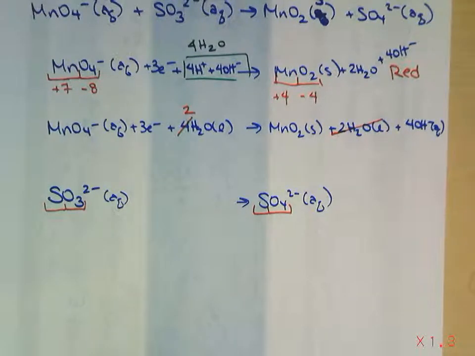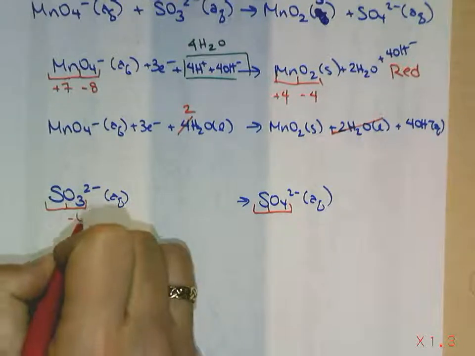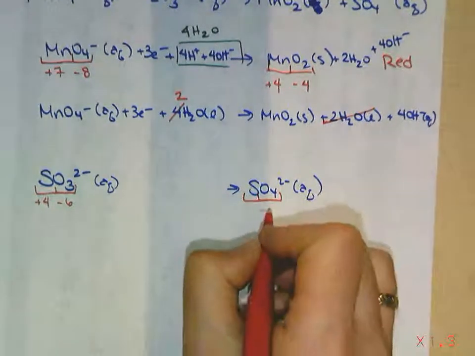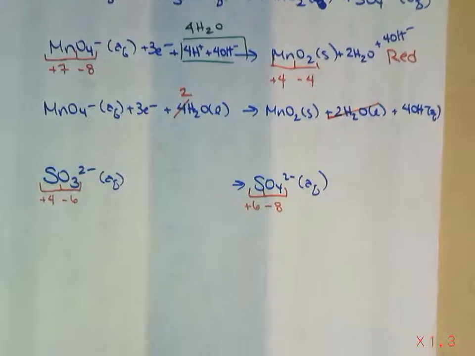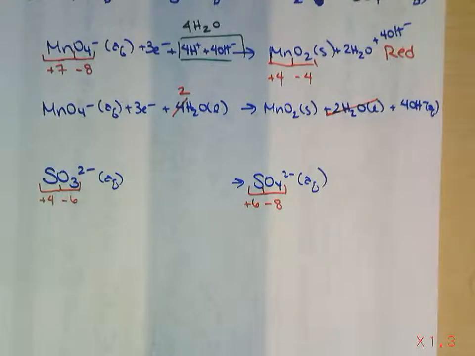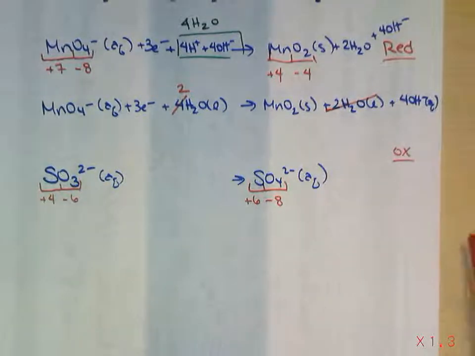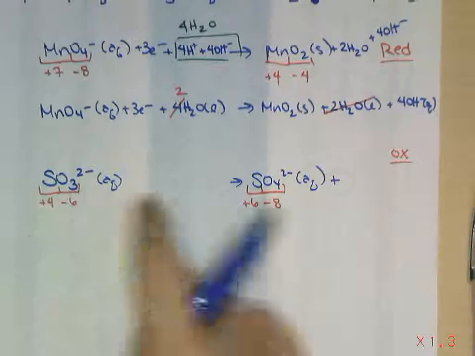I have 3 oxygens, each worth -2. All right. The sulfur is going from 4 to 6, is that oxidation or reduction? Oxidation, okay. So then where do I put those electrons, on the products or the reactants? Okay. And then how many electrons do I need to go from 4 to 6? 2.